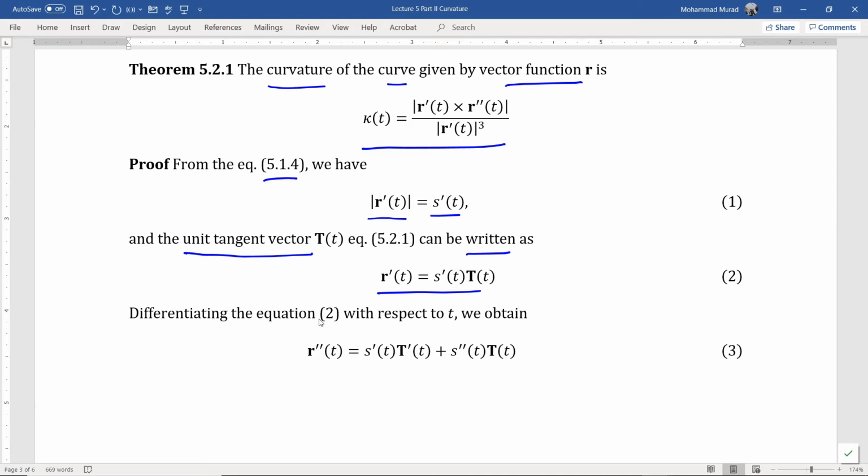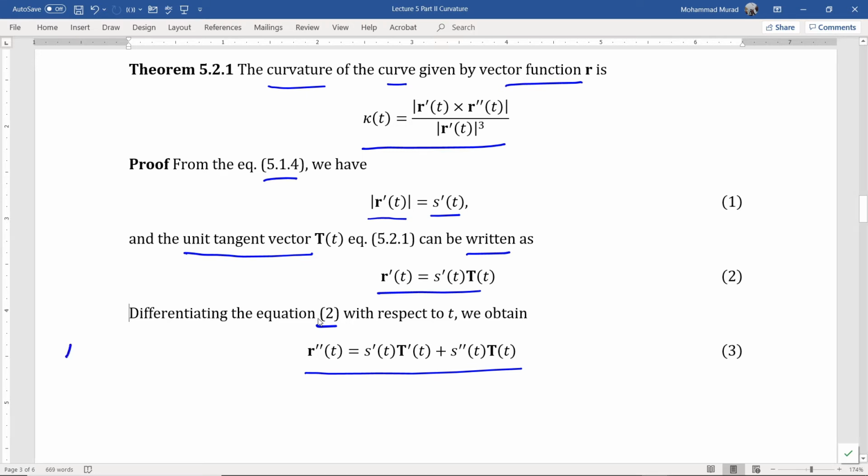Now, differentiating equation 2 with respect to t, we obtain this equation. So in the left-hand side, we obtain r double prime, the second derivative of the vector function r. In the right-hand side, we applied the product rule of a vector with a scalar function.